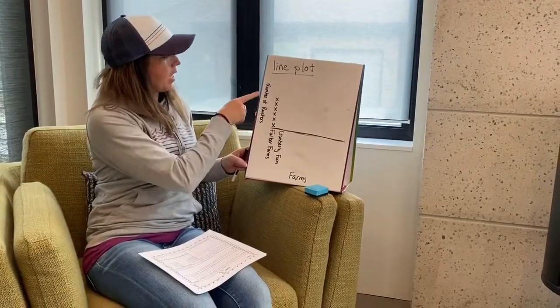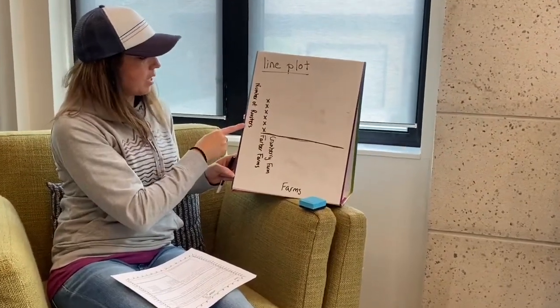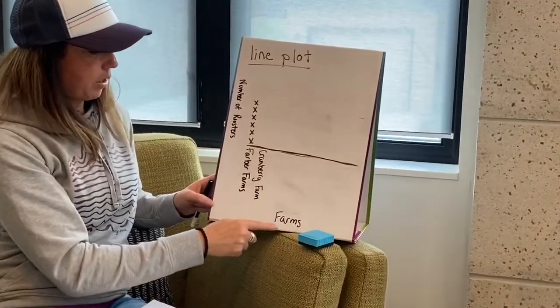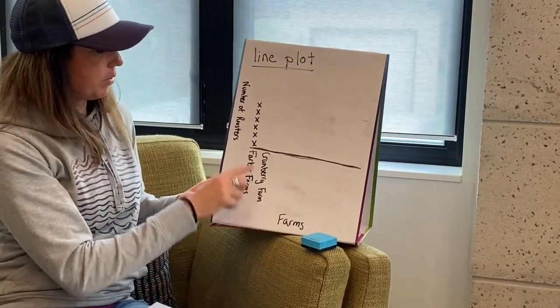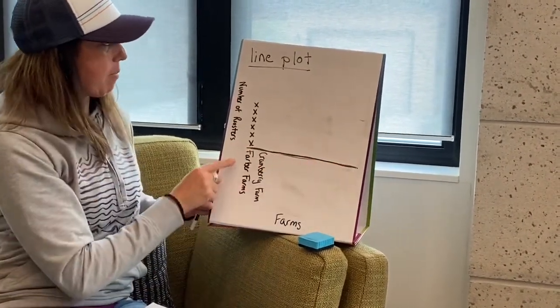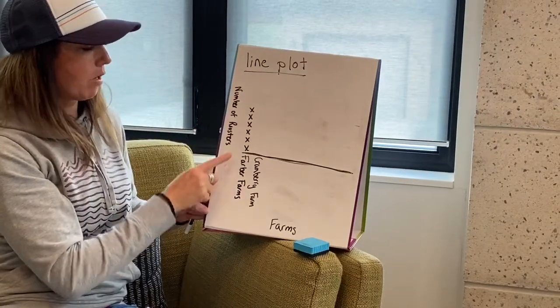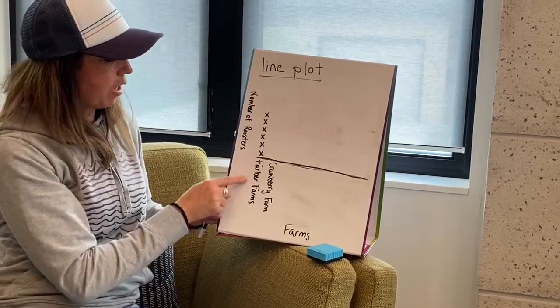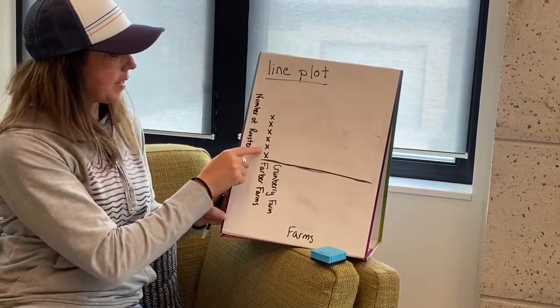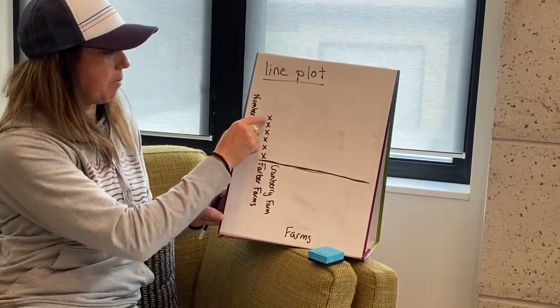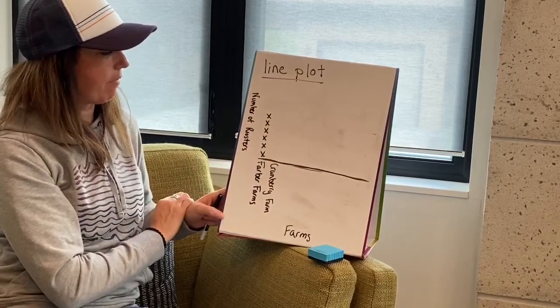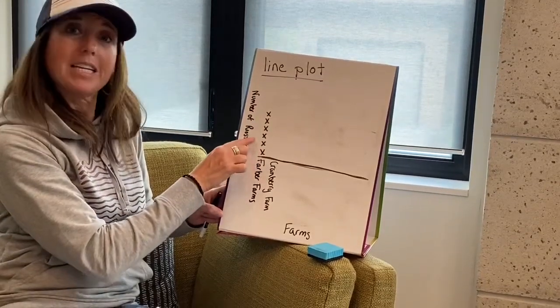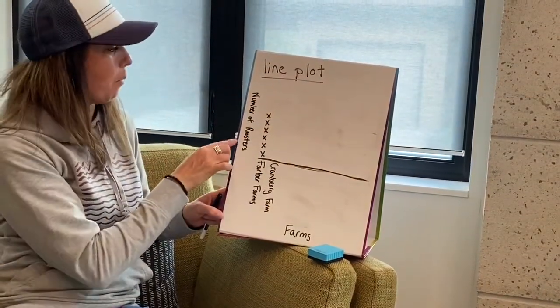So labeling our line plots, we have the number of roosters on the side, and we have our farms down below. So we have our line, and remember, line plots, we record our data using X's every single time. So Farber Farms, they have 6 roosters, so we went ahead and put 6 X's right above Farber Farms. Remember, each one of these X's represents 1 rooster.